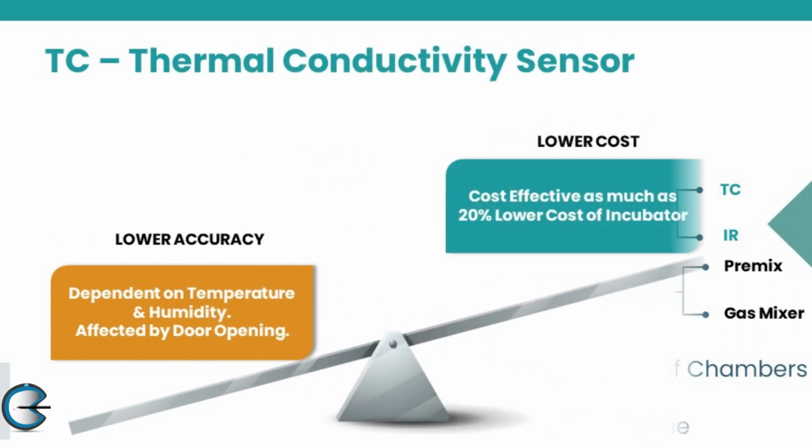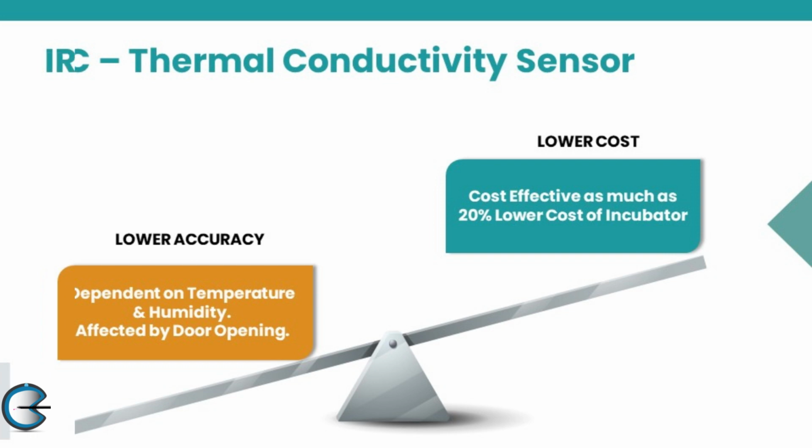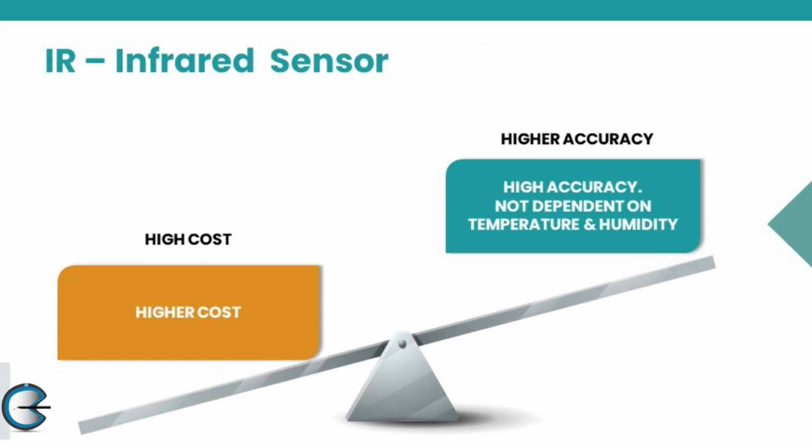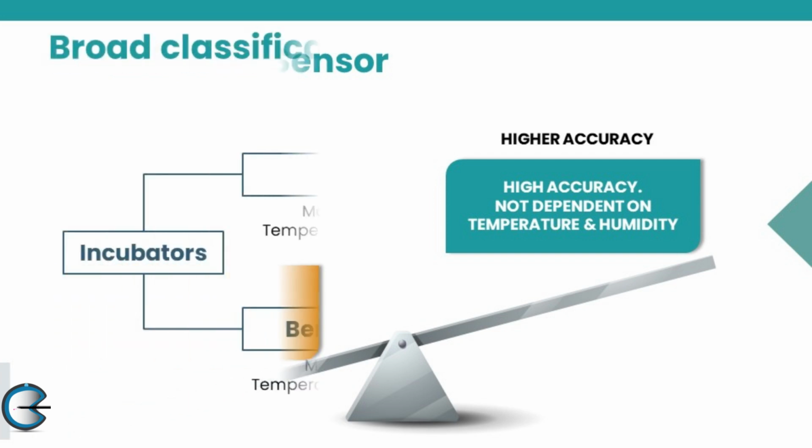Let's forget about the physics behind the sensors and only remember that thermal conductivity sensors have lower accuracy because they are dependent on temperature and humidity, but have significantly lower cost, as low as 20%, whereas IR sensors are highly accurate but have higher cost. In recent years, the cost of IR sensors has decreased considerably, making them more affordable.